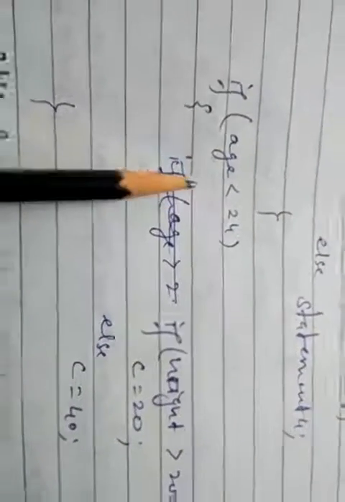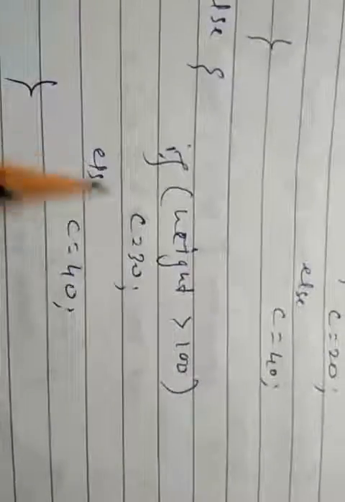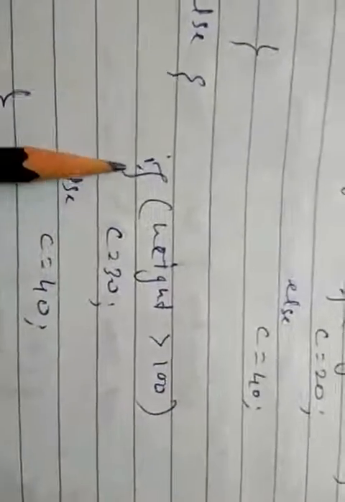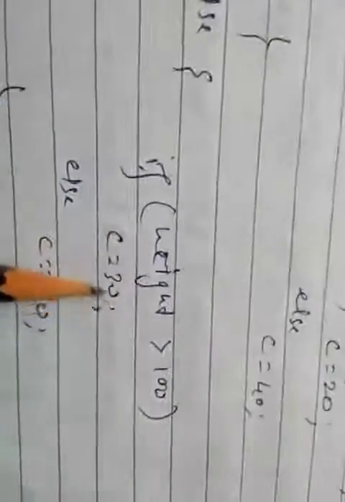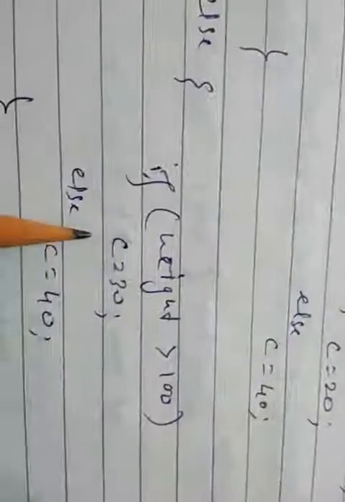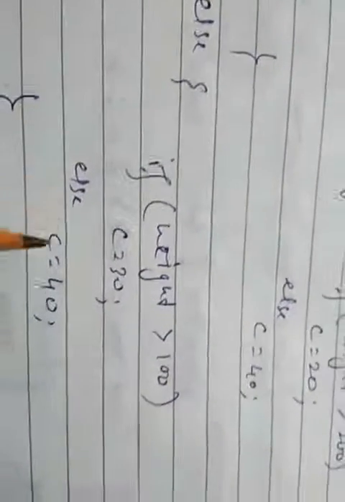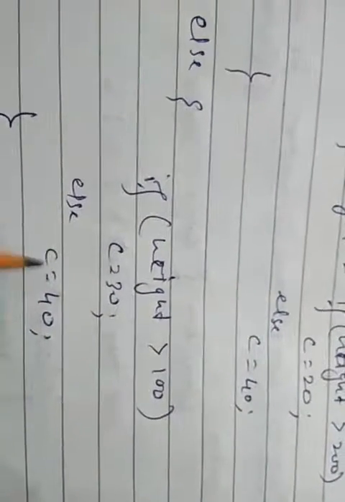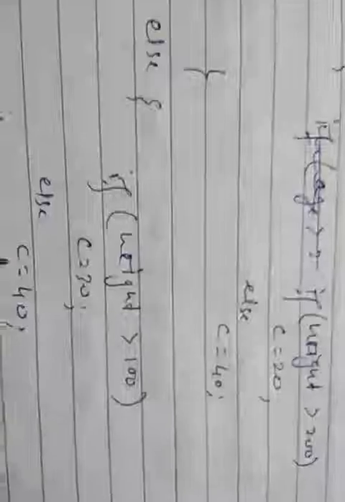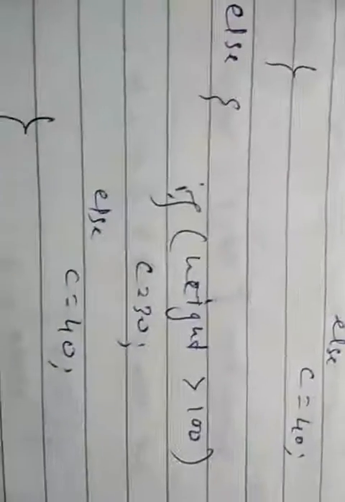If this condition is false, then it will go to the else portion. Again this is checking inside this portion. If height is greater than 100, then the value of C will be 30, otherwise the value of C will be 40. So this is just an example of how you will use an if else within an if else statement.